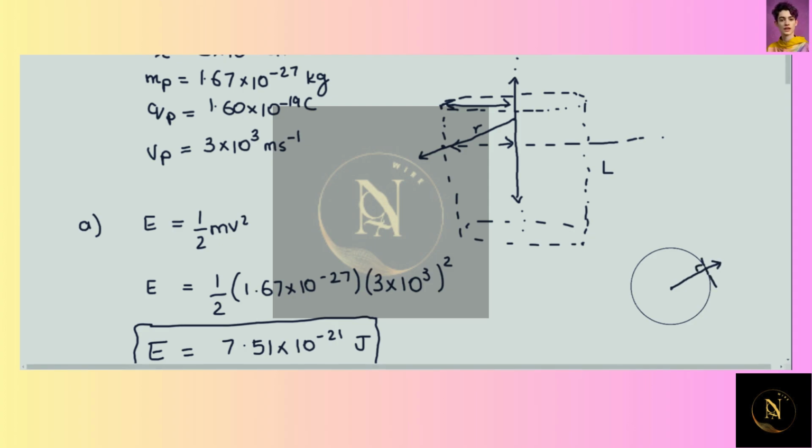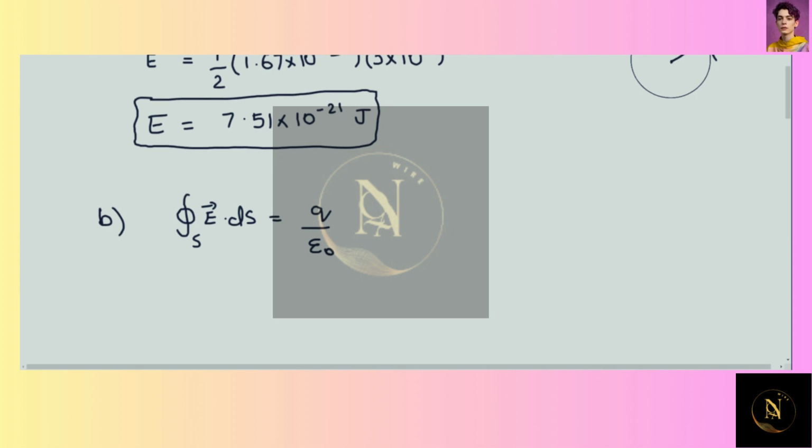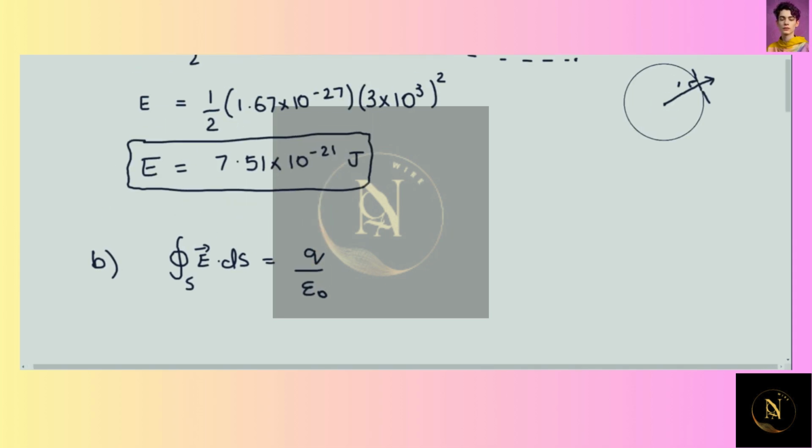Then we will find out that since the electric field is being directed radially outwards, it makes an angle of 90 degrees with the surface of the cylinder. Now, we can recall Gauss's law that states that the closed surface integral of E dot ds is equal to the total charge enclosed divided by epsilon naught.